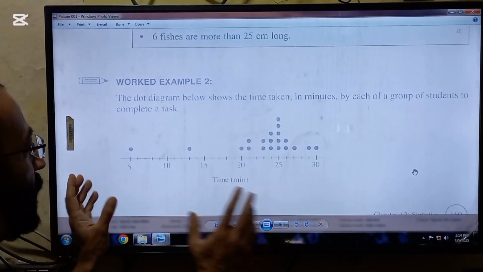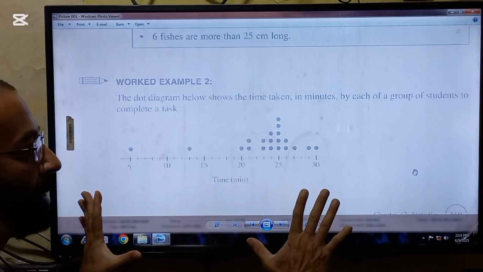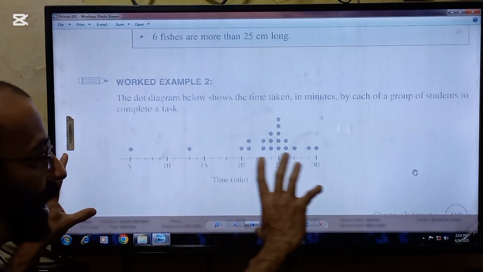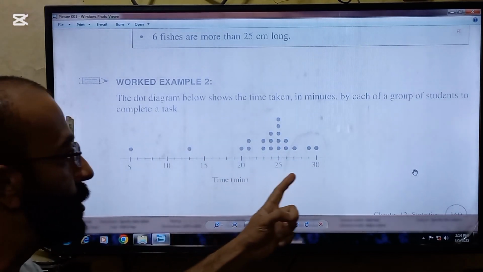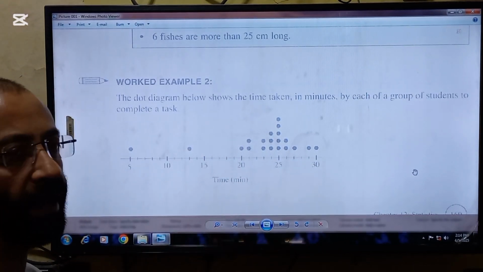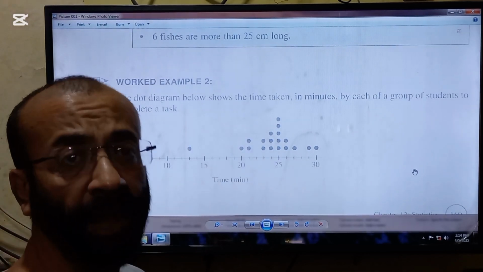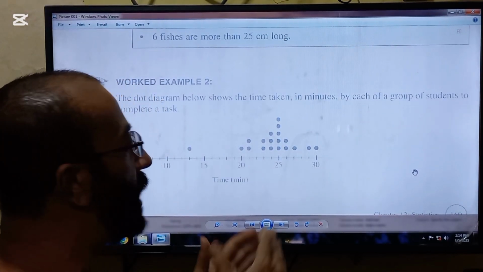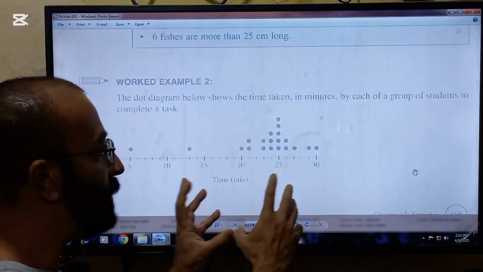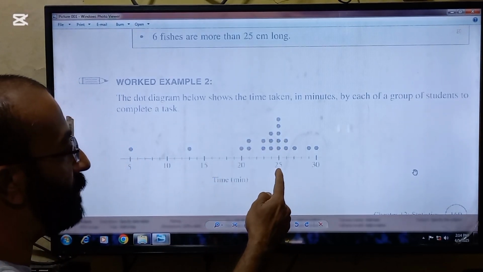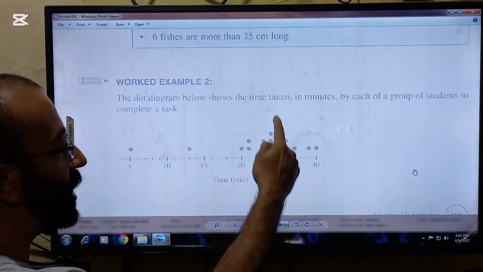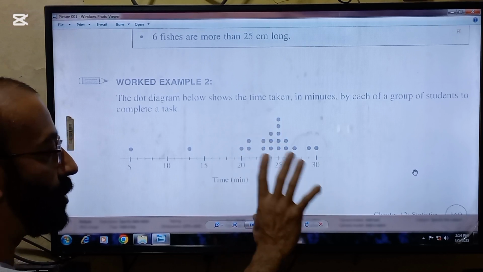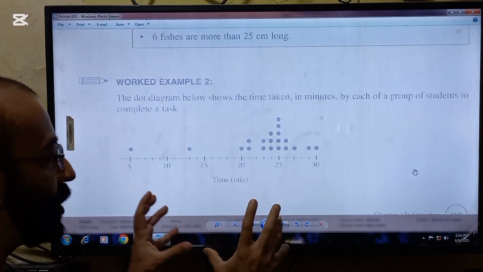You have to mention the minimum and the maximum points. Then you have to mention the most common value, meaning the time taken by the maximum number of students. So 25 minutes is the most common time because most of the students took 25 minutes. This is the second thing which should be mentioned.